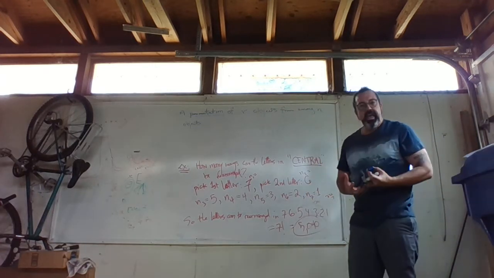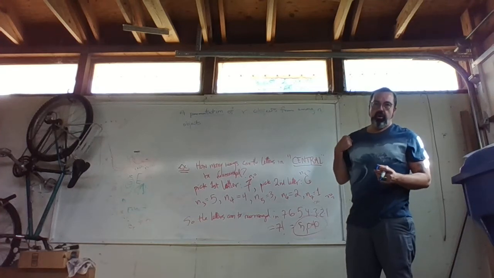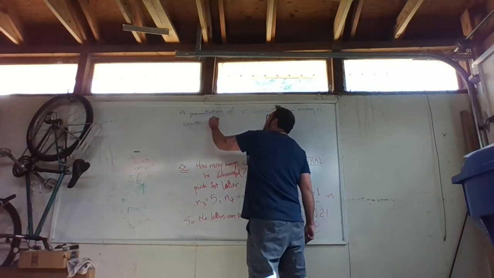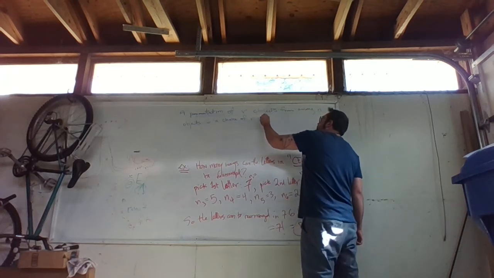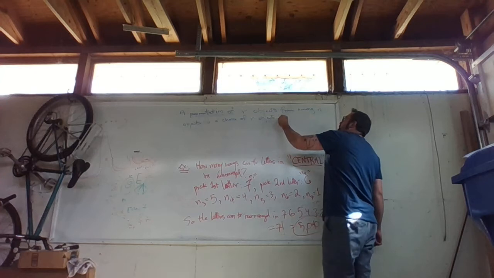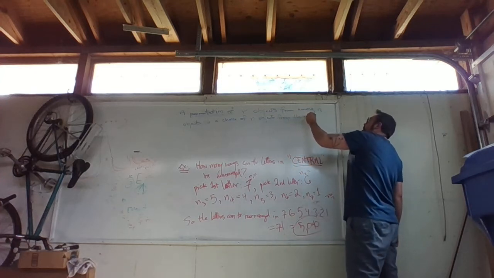You have a bag of N objects and you reach in and you grab out R of them. It is a choice of R objects from the N available.